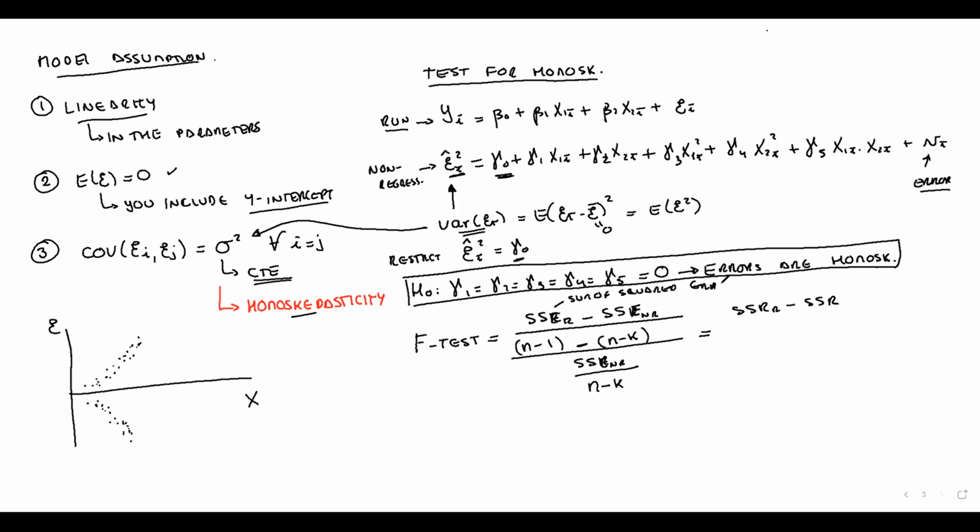So basically the sum of errors squared, divided by, so if I do this, n goes out, so it should be k minus 1. Yeah, k minus 1. Divided by SSE, divided by n minus k. And this one here, guys, is going to be an F with degrees of freedom k minus 1, n minus k.